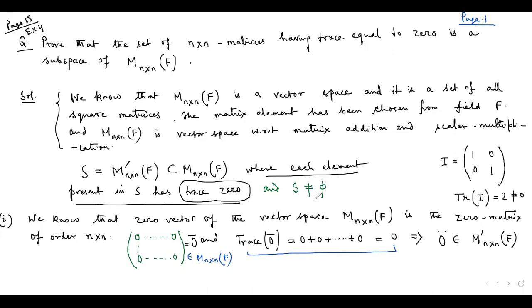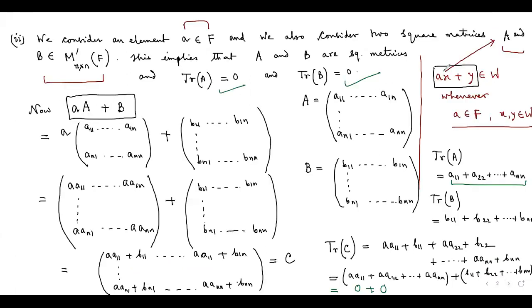And then we tried to show whether the zero vector, which is the zero matrix, is an element of the subset or not. We successfully showed it over here, and then we tried to show that this particular property is also getting satisfied. You see, in the book, the example 4 is only written. Its solution has not been shown.